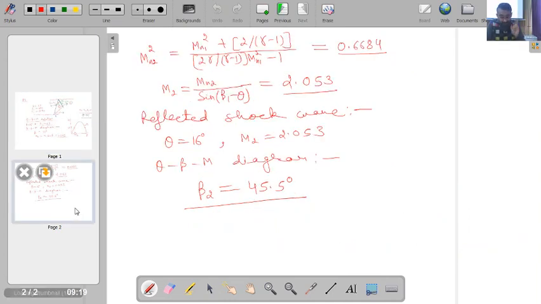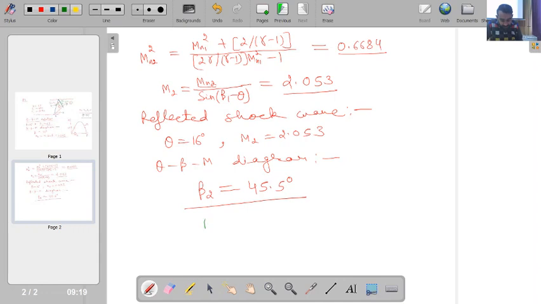Fine. So please, now you have to differentiate between this Mn2 and whatever Mn2 I am writing over here now. The previous Mn2 I considered is normal to the incident shock wave. Now we are talking about the reflected shock wave. So when I consider Mn2 now, that will be normal to the reflected shock wave. Is this point clear?